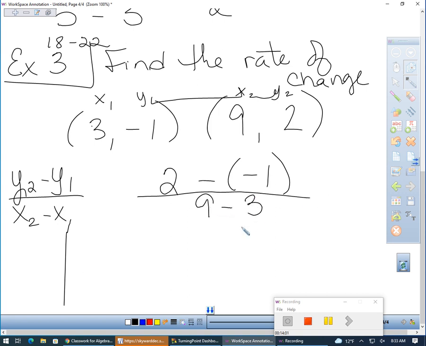You'll notice in the top line we have a sandwich, right? So what are we going to get for the top line? It is 3, I agree. And the bottom, 9 minus 3. Can I simplify this? Good. 1/2.